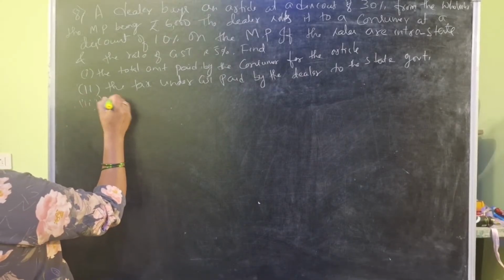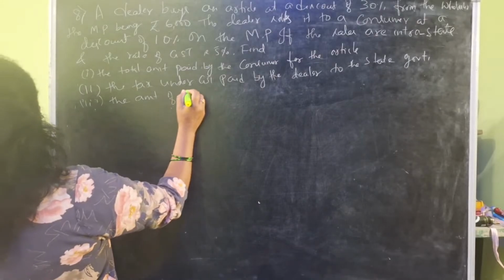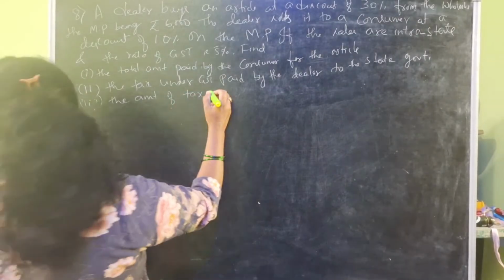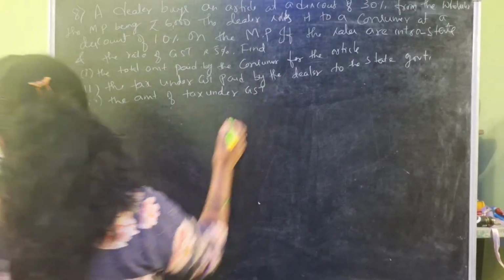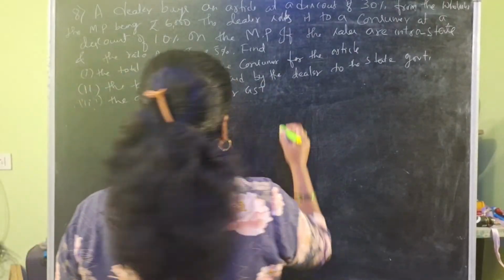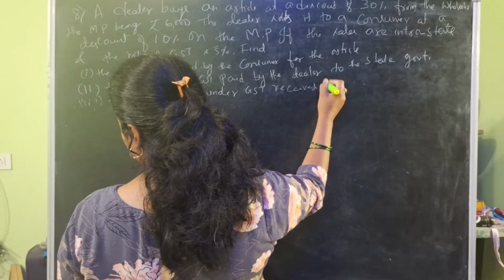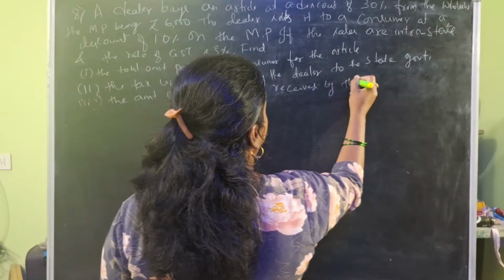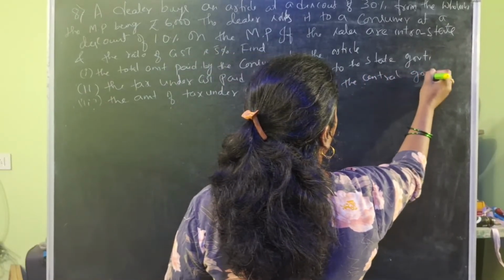Third question is the amount of tax under GST received by the central government.